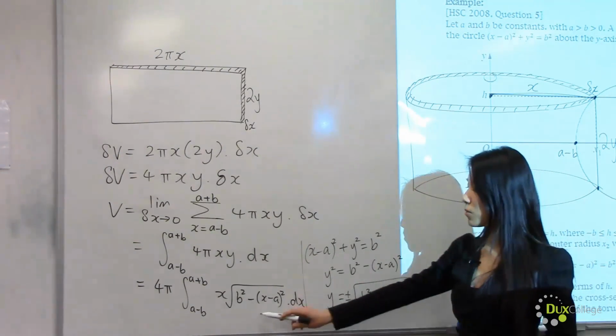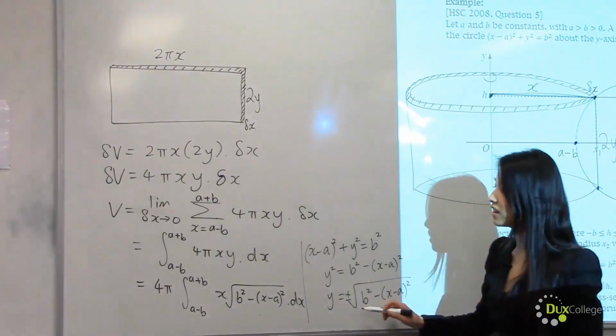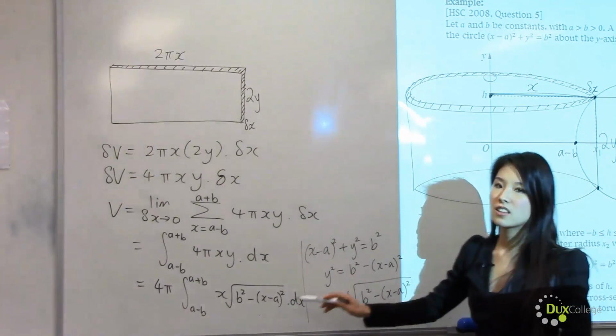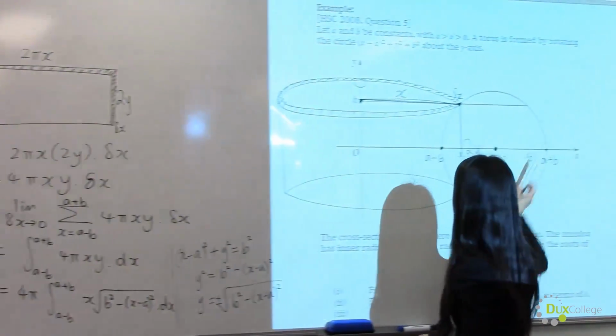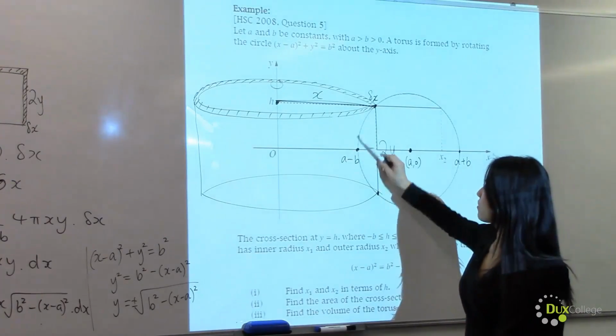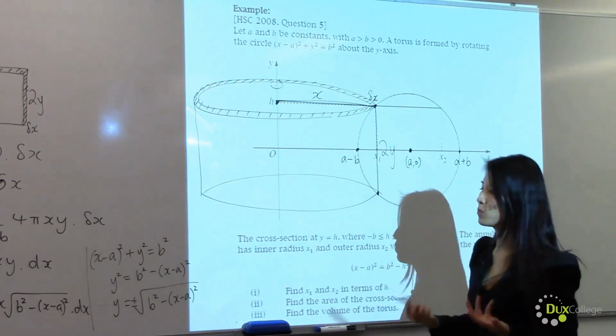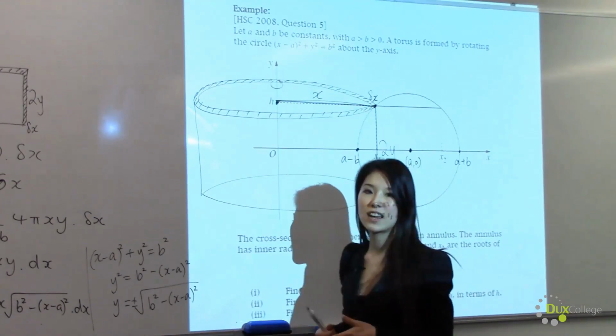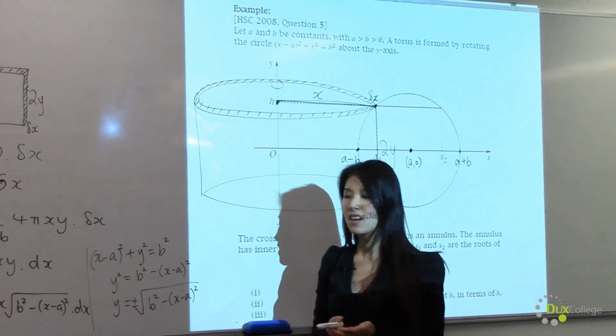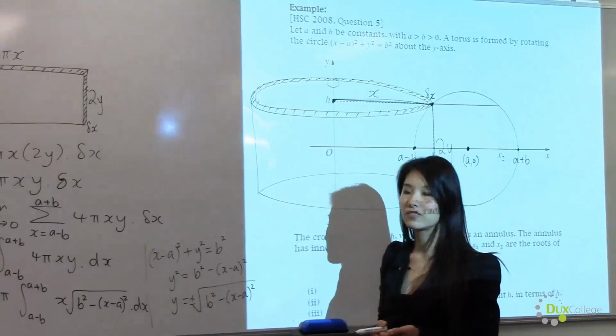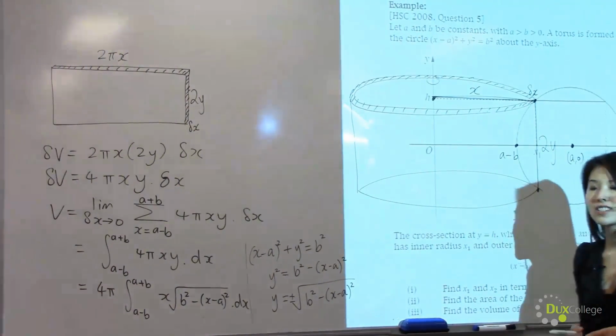Here we take the positive square root instead of the negative, because we can see that this is from the circle here, the two functions are symmetrical about the x-axis, so it doesn't matter which one you take, but of course taking the positive is more convenient compared to taking the negative. Okay, let's continue this integral.